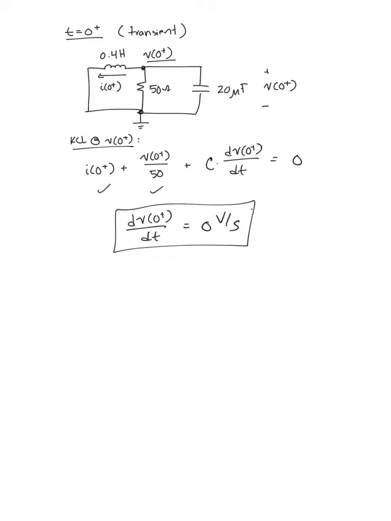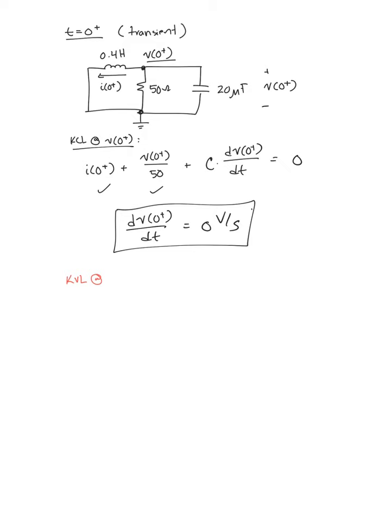In any case, you're going to do a KCL and a KVL in order to solve this out. And in order to find the first derivative of the current, we need the voltage across the inductor.